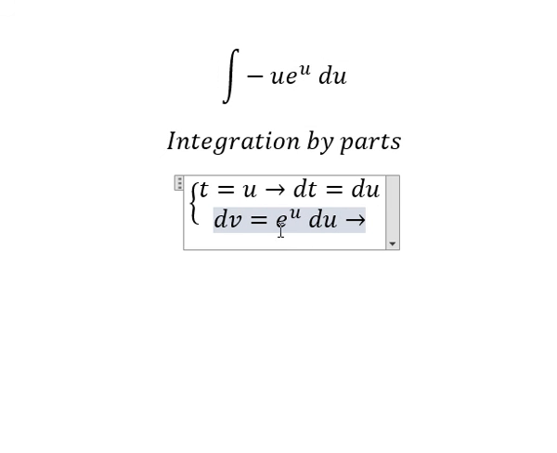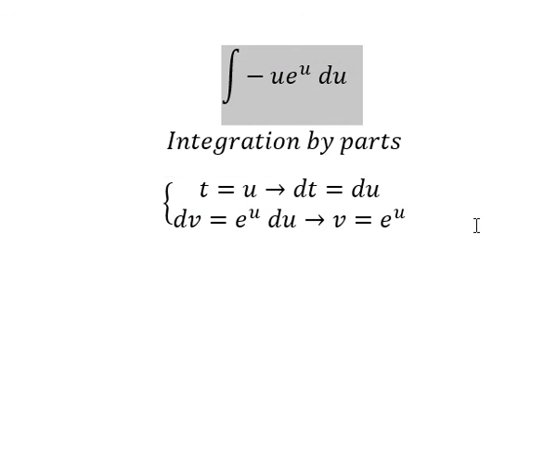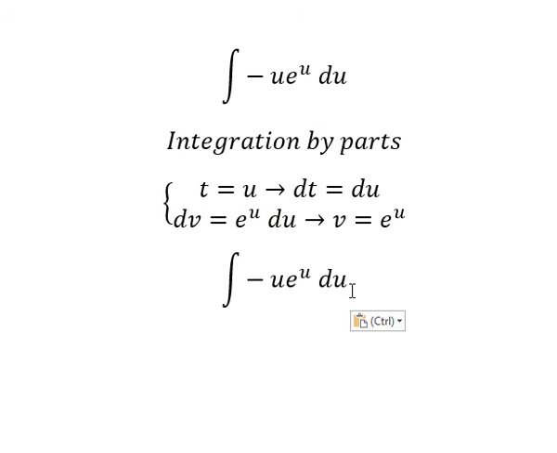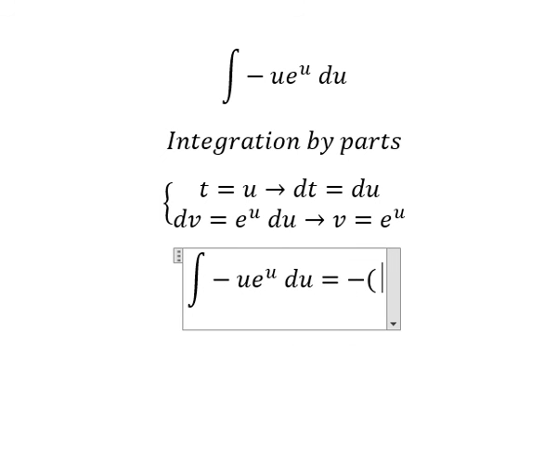The integration of this one, you get v equals e to the power of u. So we have t multiplied by v, but we have the negative, so we keep the negative side in here.